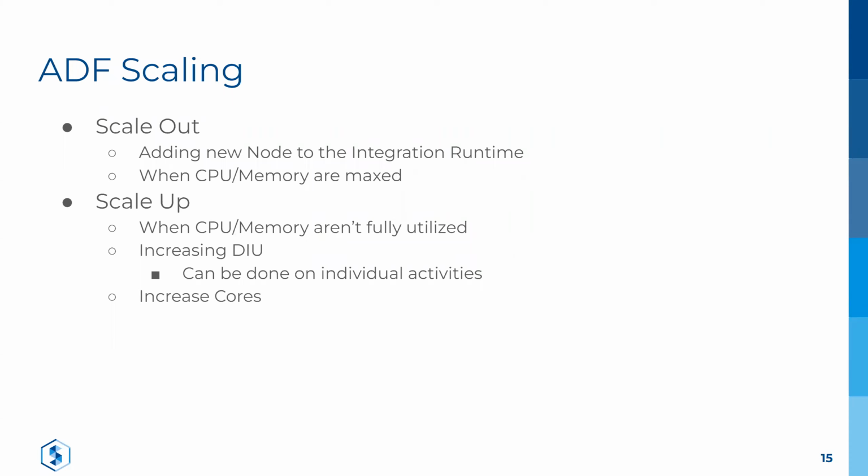Scaling up, on the other hand, you consider doing when your CPU and memory aren't being fully utilized. Scaling up involves increasing your data integration units, or DIUs. This can be done on individual activities and on the integration runtime. The other way to scale up is to increase the number of cores that you can be processing on.